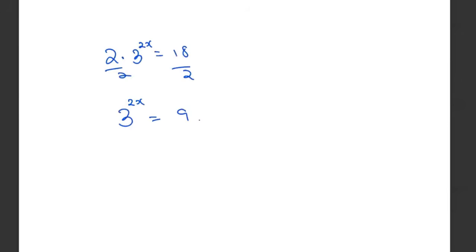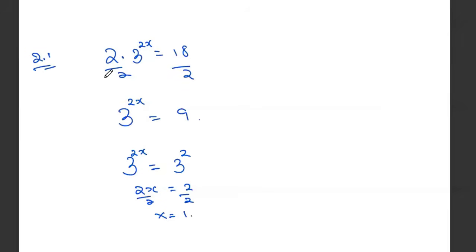Then let's express 9 with a base of 3. So 3 to the 2x is the same as 3 squared. Drop the bases, 2x is a 2, then divide both sides by 2, x becomes 1. Okay, so that is 2.1.